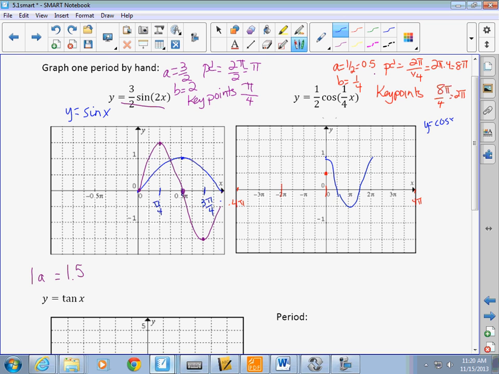So this one, at my key points, that's where I need to do my changes. I'm starting at 1/2, then my next key point I'm at 0. And then at the next key point is when I'm going down. I went up 0, so now I have to go down. So at negative 1/2 and 4 pi I'd be down, because that's where a key point has to occur, not at pi.